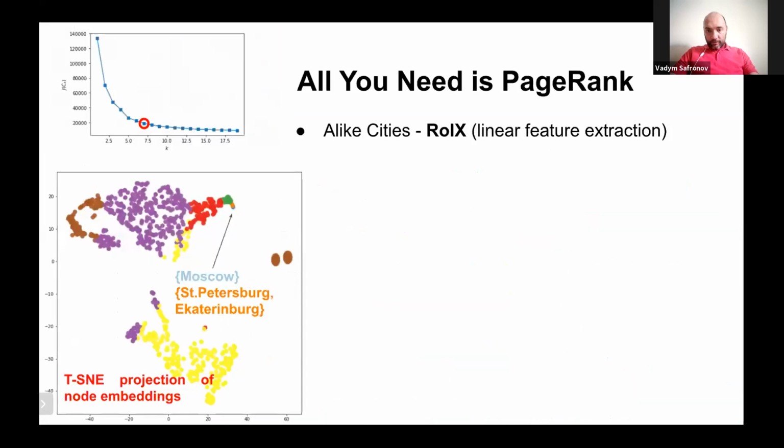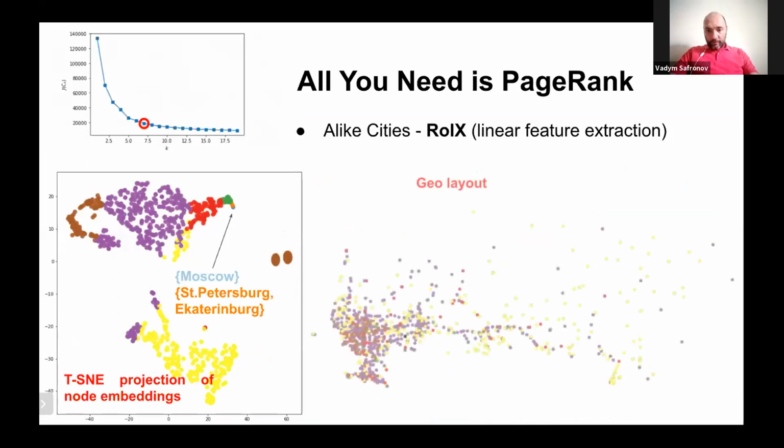Does it make sense? We plot it on a geographical layout, and it seems reasonable, at least this string of violet colored nodes in the bottom. It goes along the Trans-Siberian Railway, which suggests they are kind of transport hubs for local communities.